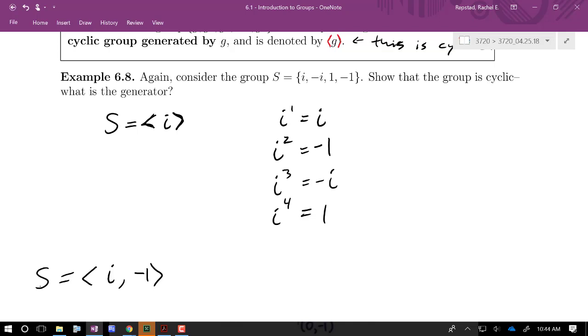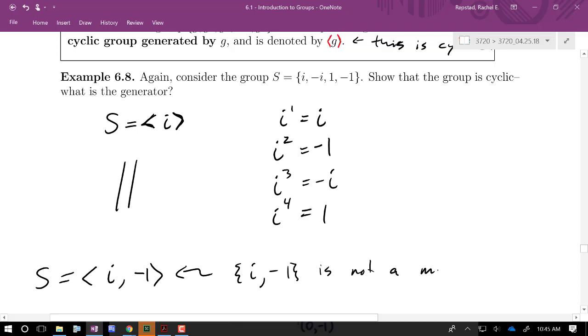I and -1 is not the minimal generating set. I get all the elements just by taking the element I, just by starting with that one. So we would say that these two are equal, that I, -1 is not a minimal generating set.